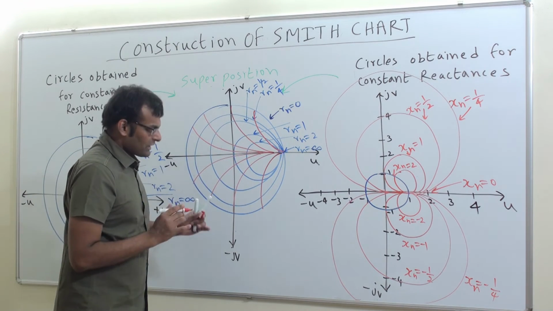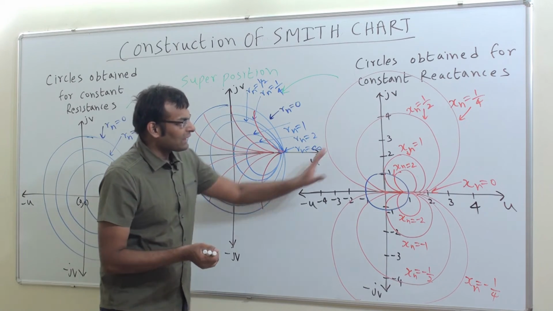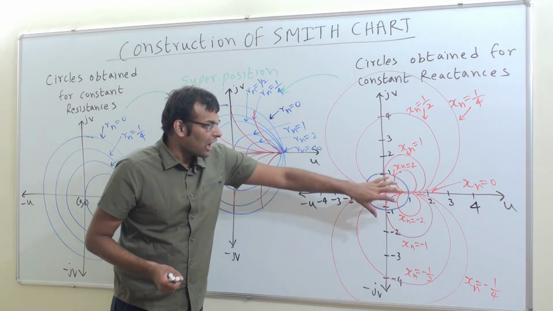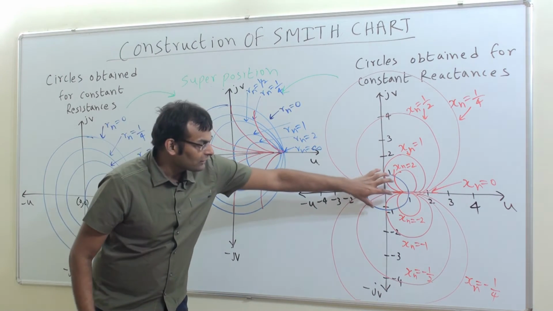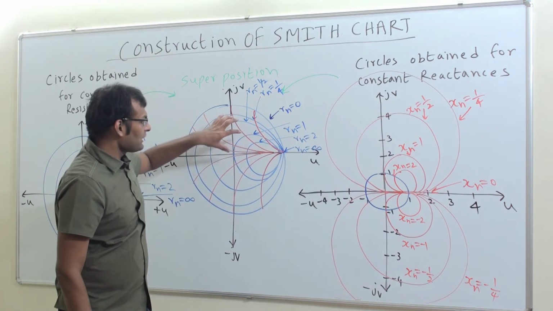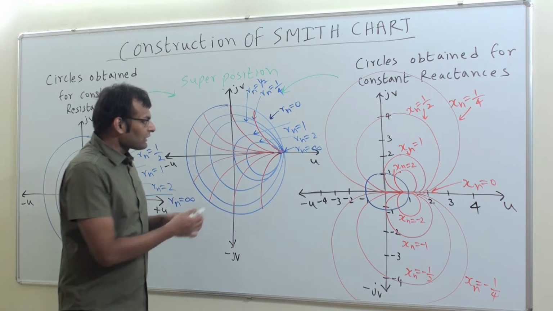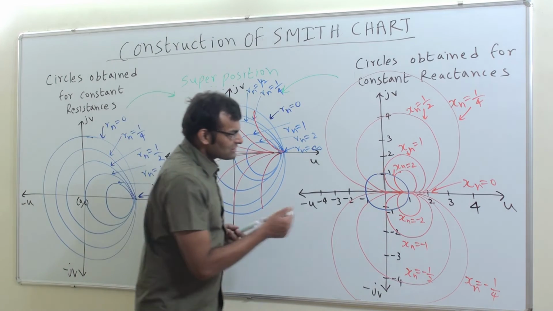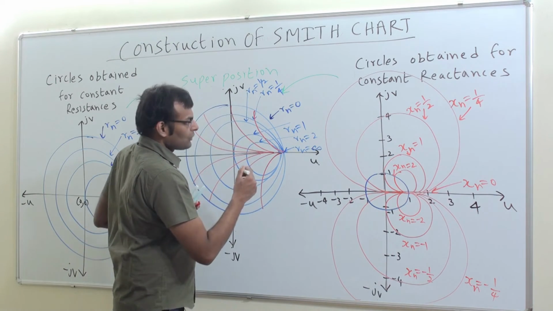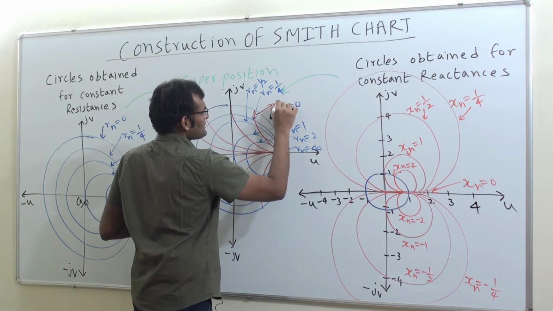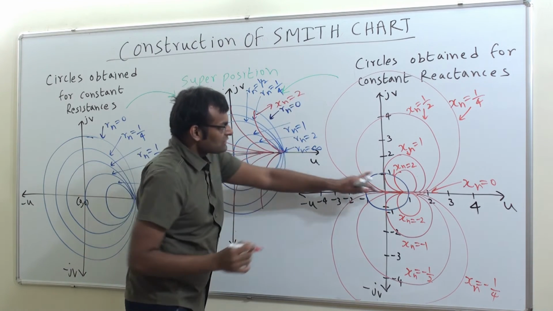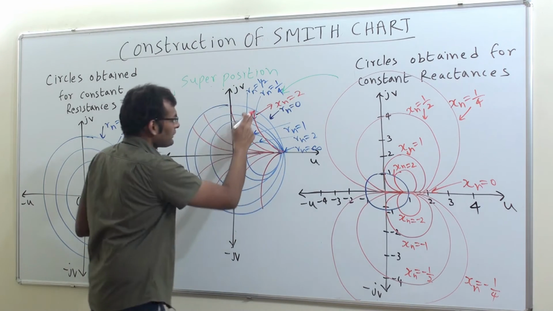What I am basically doing here is neglecting all the red lines that are outside the unit circle. I am only drawing whatever red lines are there inside the unit circle. And what are these red lines? This is Xn is equal to 1 by 2. When I take this Xn, what is this value? Xn is equal to 2. This line indicates Xn is equal to 2.